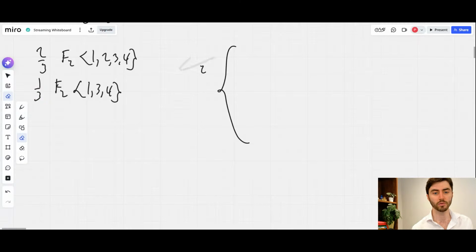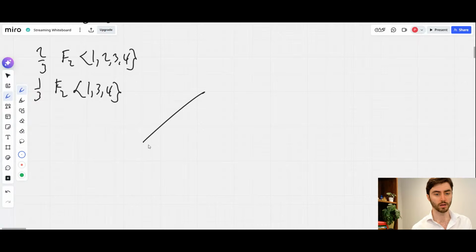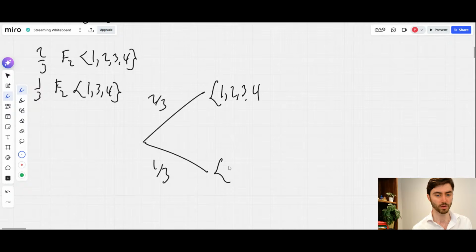Well, what I'm going to do is a full tree diagram here. So 1, 2, 3, 4, and there's a 2/3 chance of that, and a 1/3 chance of it being 1, 3, 4.